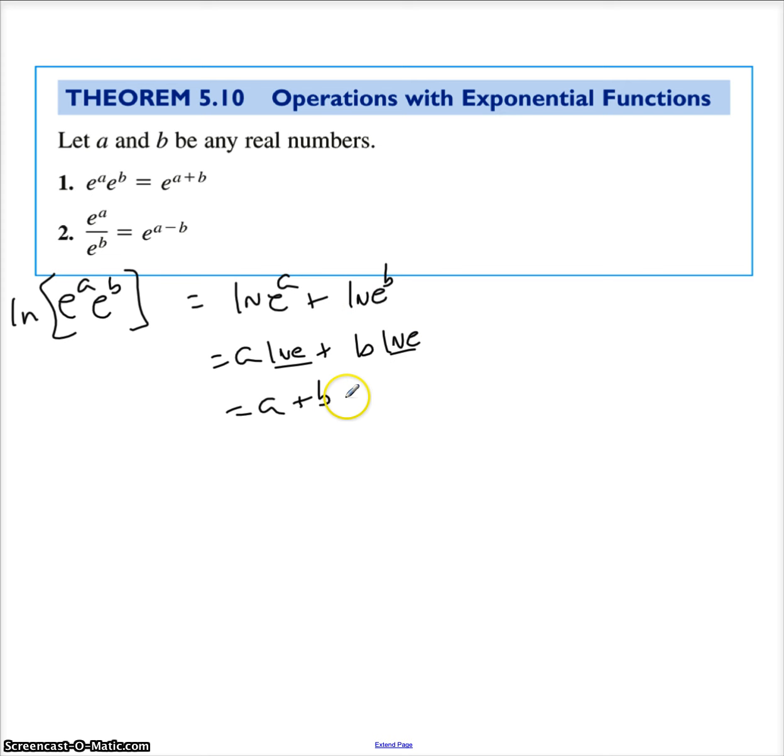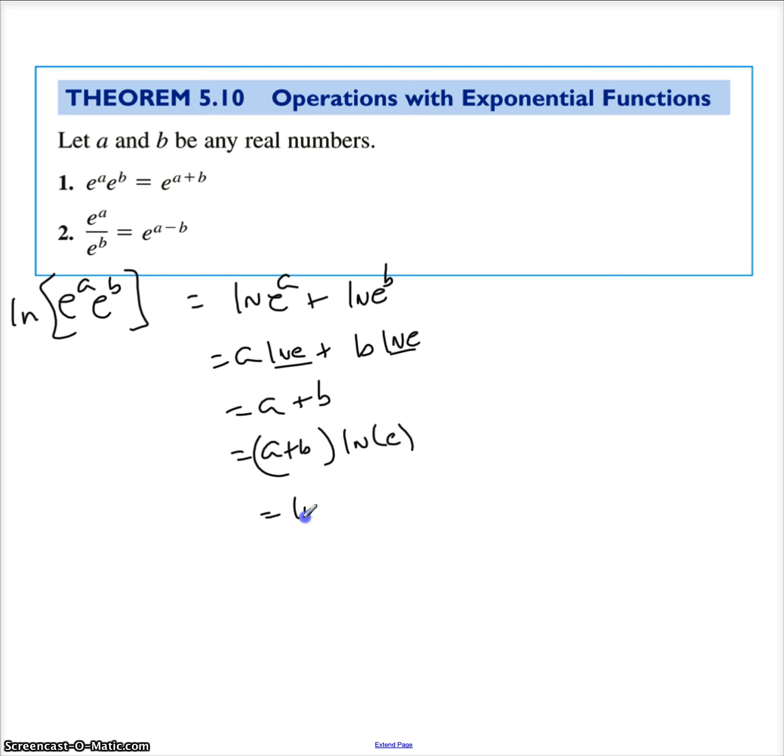So I have the natural log of e to the a times e to the b is equal to a plus b. Now, I can multiply by 1, and that won't bother you, will it? Okay, it might, but it's not going to bother me. This is the same thing as multiplying this whole thing by the natural log of e.